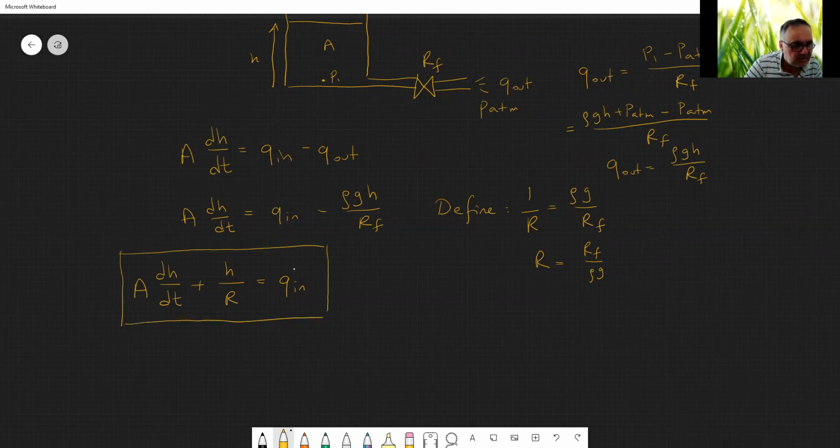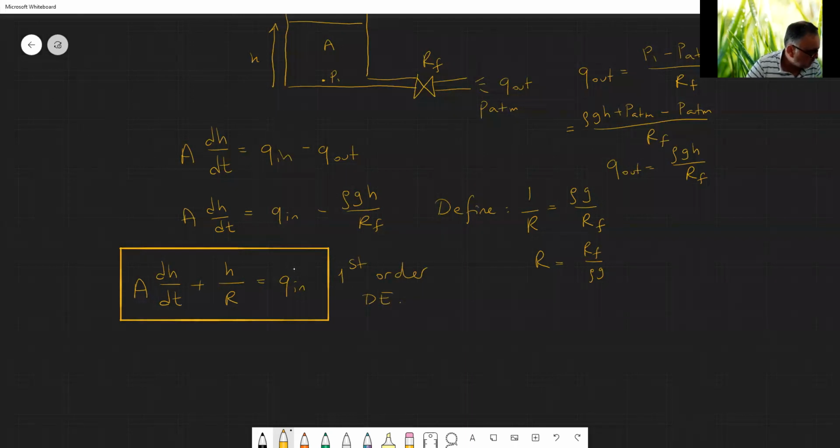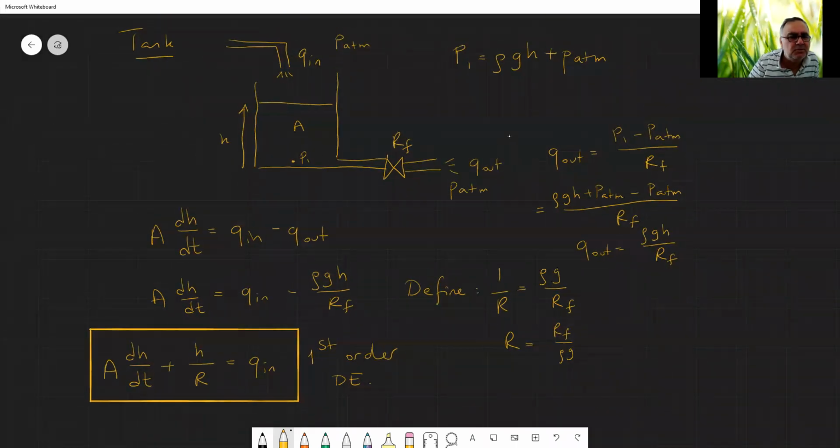This is, as you see, a first order differential equation. It has a dh/dt term, it has an h term, and it has a Q in term. Okay. The model is a linear one. Well, I could have kept this rho g term, but this rho g term will be carried around all the time.